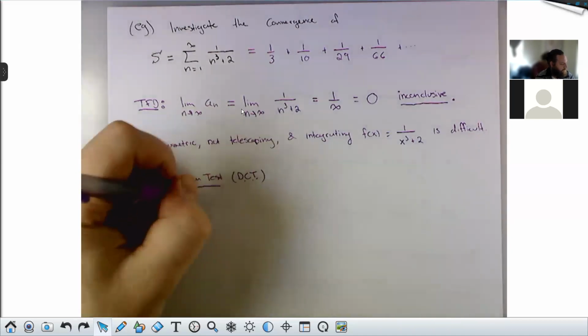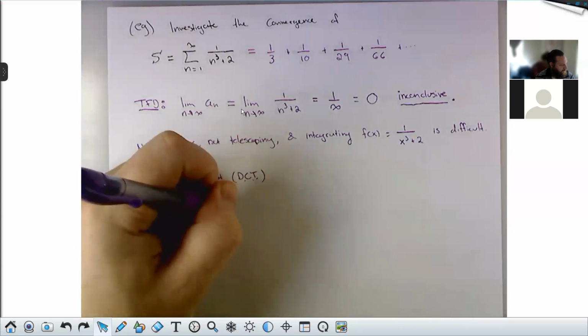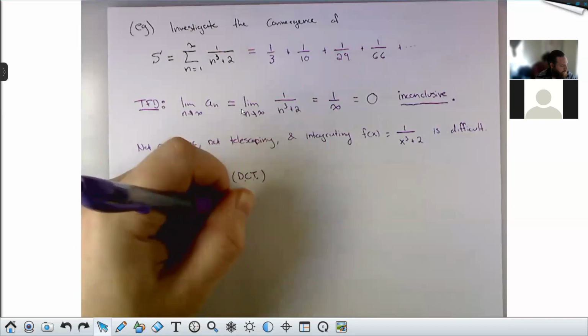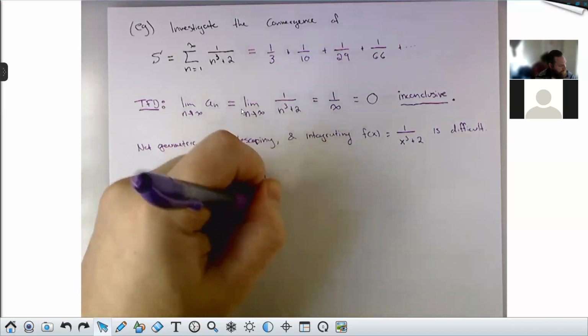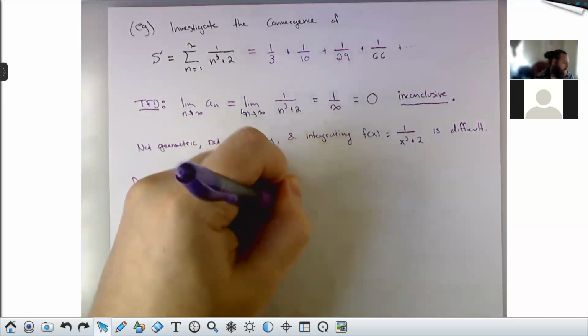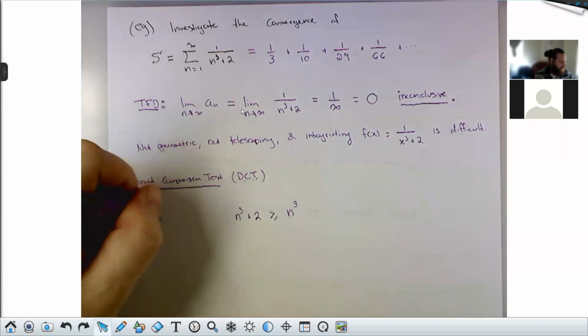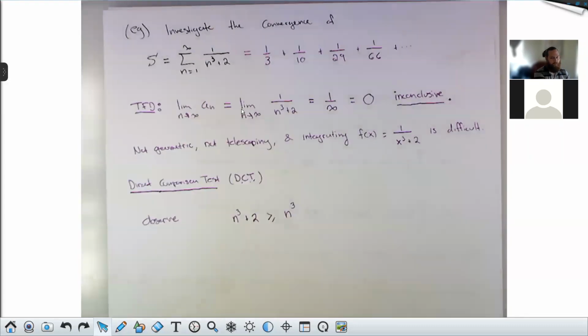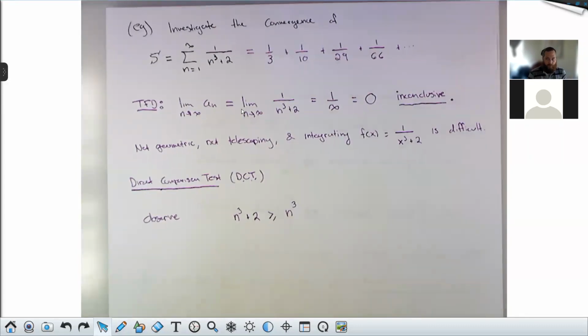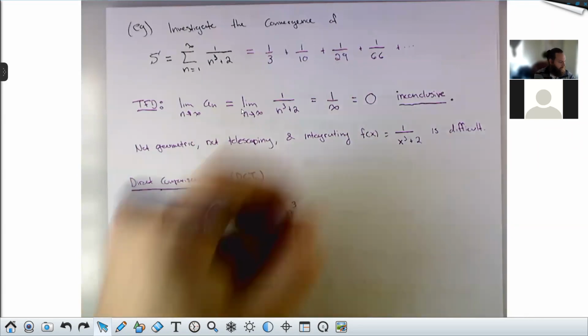We would say that n cubed plus 2 is greater than or equal to n cubed. Let's observe, right? Certainly that's true. If you add 2 to something, it's bigger than the thing you started with.